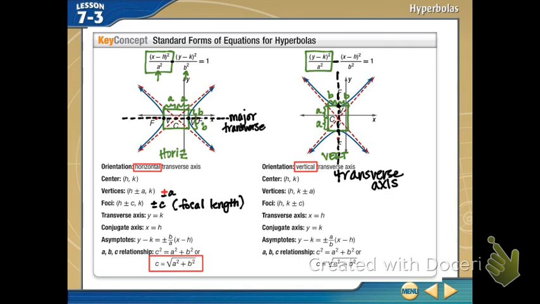You're basically using the Pythagorean theorem, a squared plus b squared equals c squared, and solving for c to find the focal length. So these are the major components of the hyperbola, both vertical and horizontal. And instead of memorizing all of these rules for how to find each one of these, most of the time you can find them just from graphing, and I'll demonstrate that.